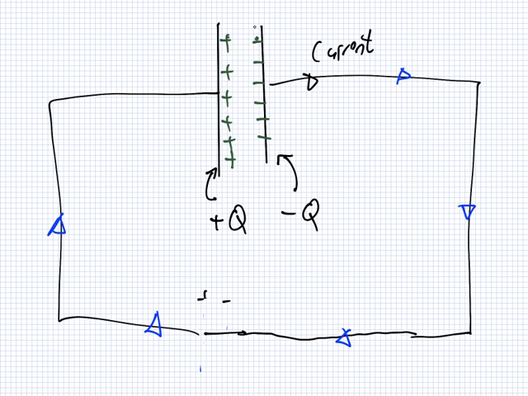What would happen when you have positive and negative? They'll attract. So this causes the electrons to move left or right? Left. If the electrons move left, then the current continues to the right still. So capacitors are a way to store charge temporarily, and then the charge is released.